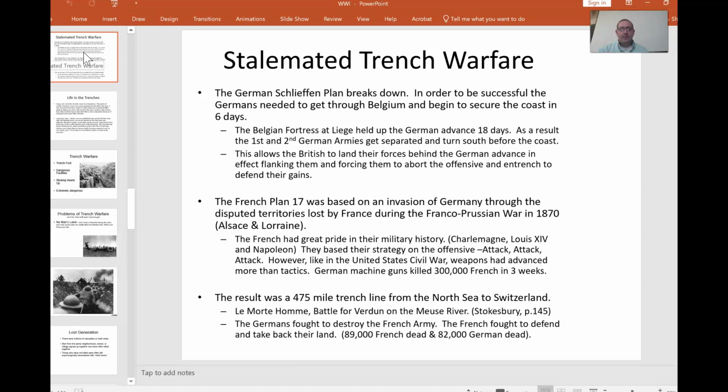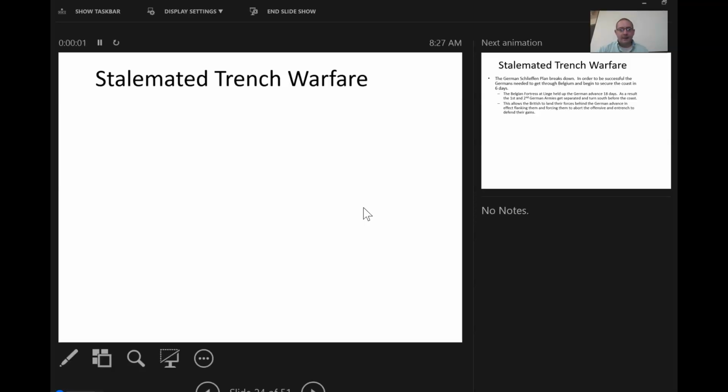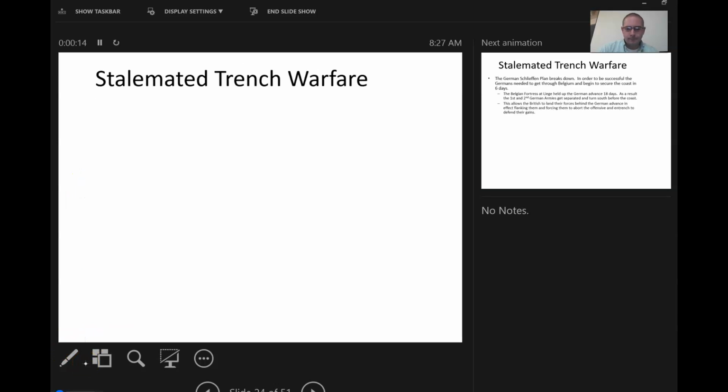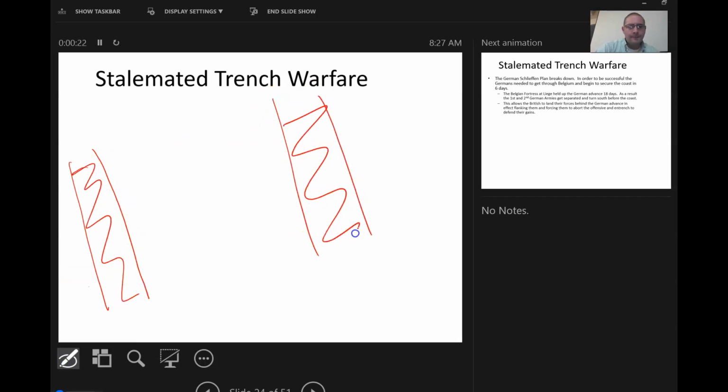Trenches might be very close together. So if I just put this up here for a second. And let's say if I could draw here, right? If you have one trench here and one trench here, right?